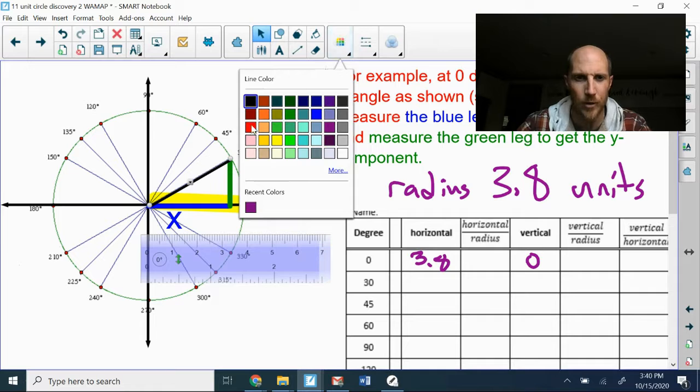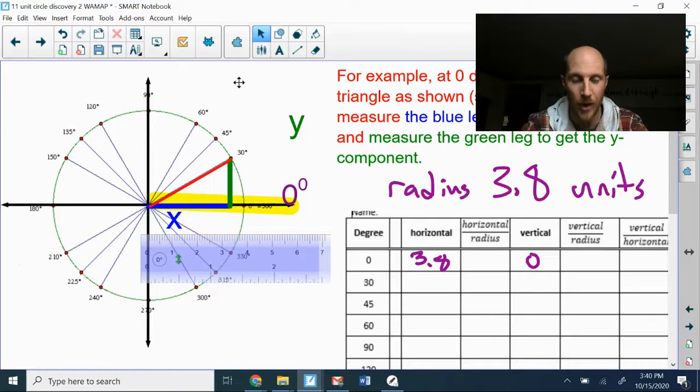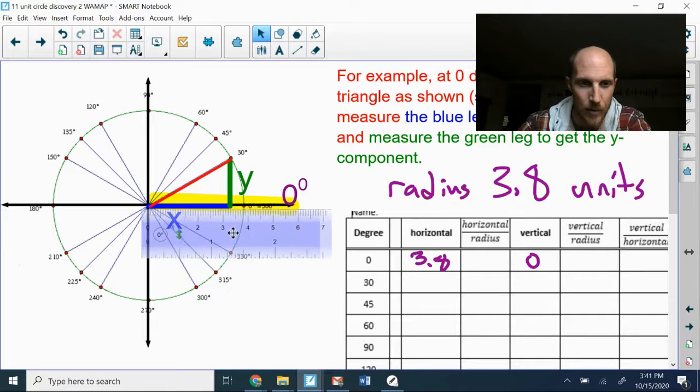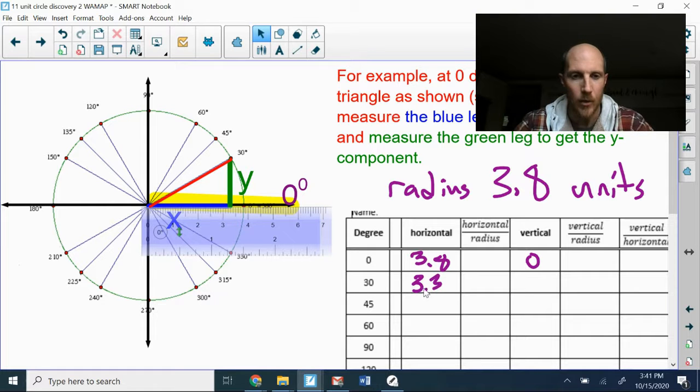All of your colors are the same, so on the circle you've got x component, y component, and the resultant or the hypotenuse all the same colors. I got different colors just for illustration. Anyway, I'm going to measure just the part that shows up in blue. That's my x component, and that looks like 3.3 for my horizontal measurement at 30 degrees.